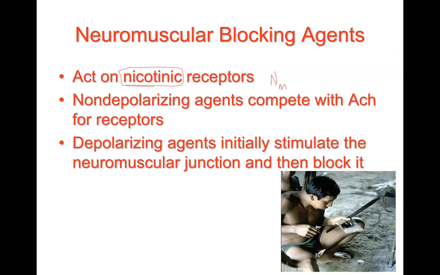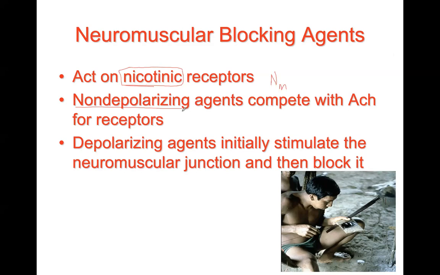A drug like, for example, curare will be binding to this nicotinic M receptor instead of acetylcholine. And these are considered reversible; it's not an irreversible binding typically. Most of the drugs that we use are non-depolarizing.